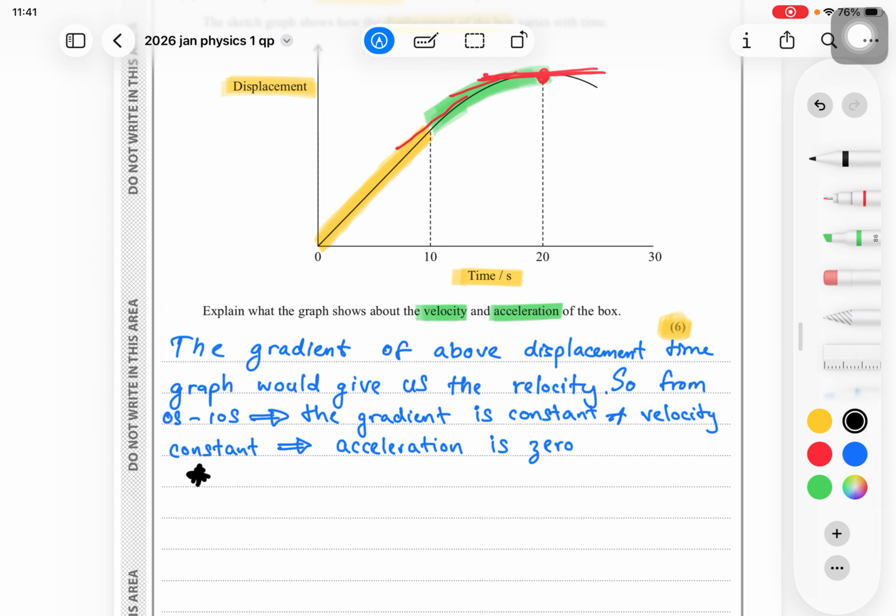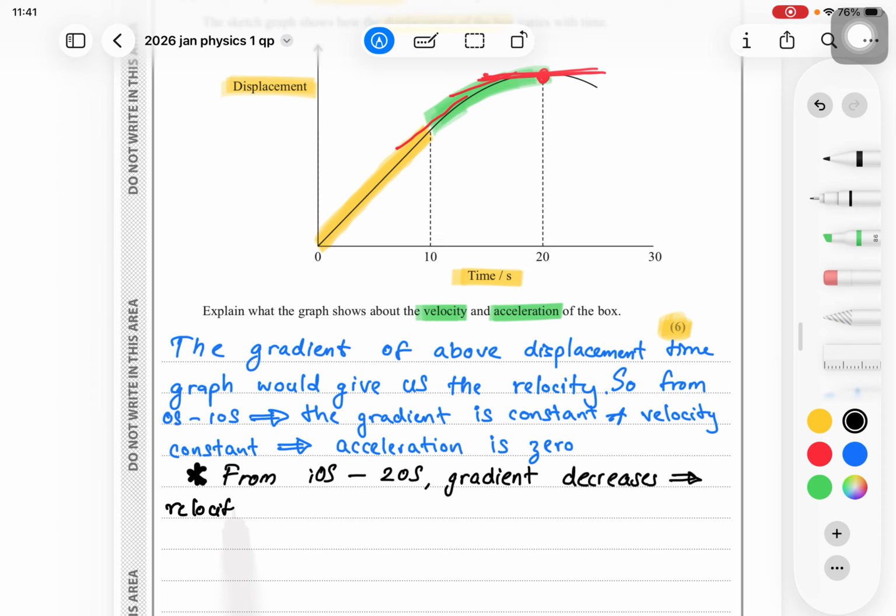From 10 seconds to 20 seconds, the gradient decreases, that means the velocity decreases, and the acceleration.